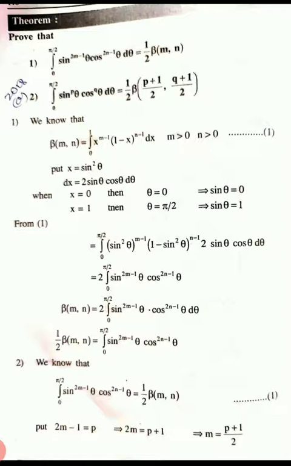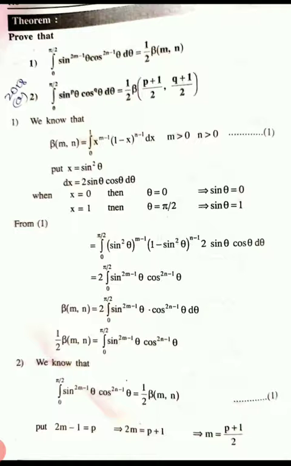See here, sine square theta, the power multiplied with m minus 1, what you get? Sine raised to 2m minus 2, and one more term is there, sine with power 1. Then multiplying both, applying the formula a raised to m into a raised to n is a raised to m plus n, we get 2m minus 2 plus 1, that is 2m minus 1 for sine.